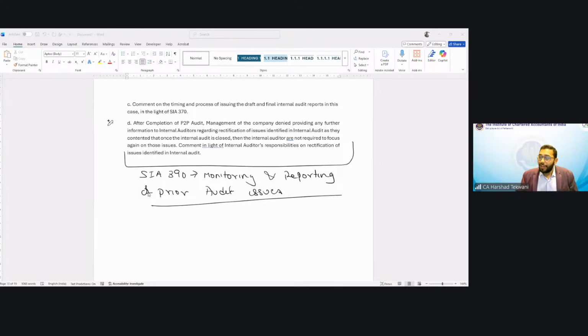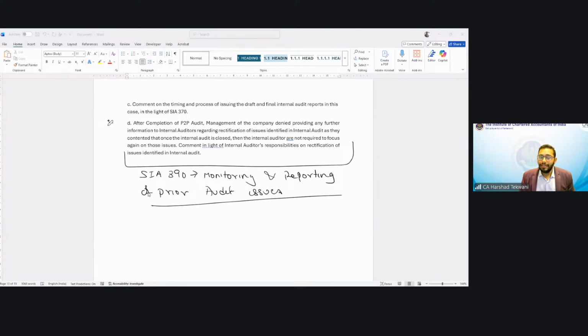The responsibility for the action plan remains with the management, but the responsibility to monitor continuously is with the Chief Internal Auditor.